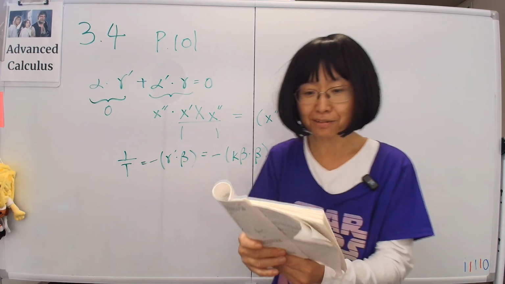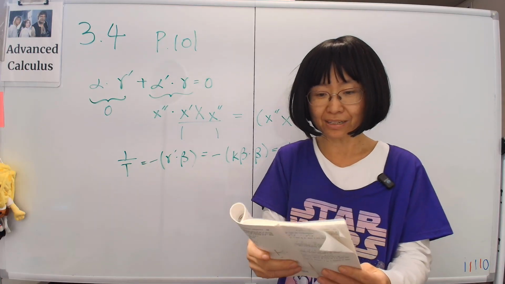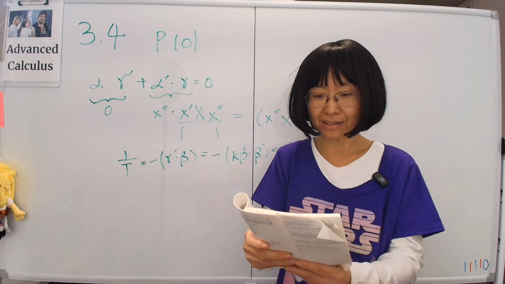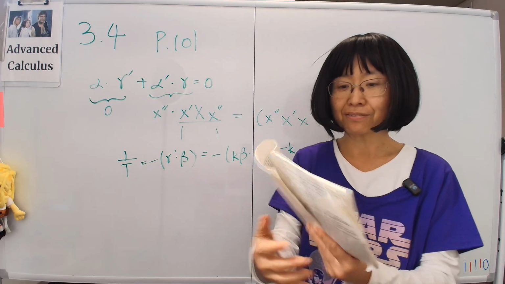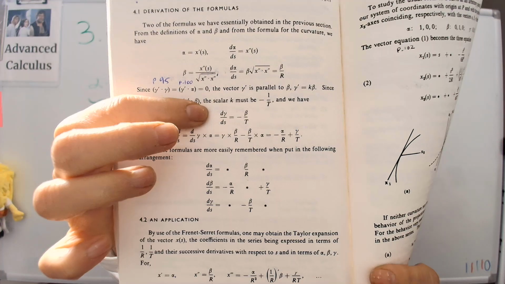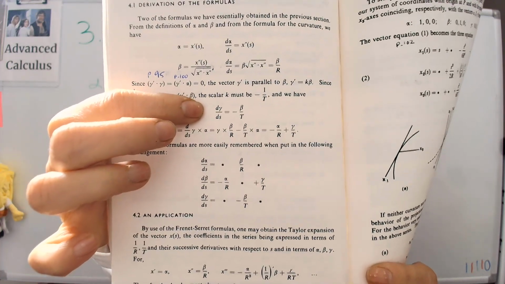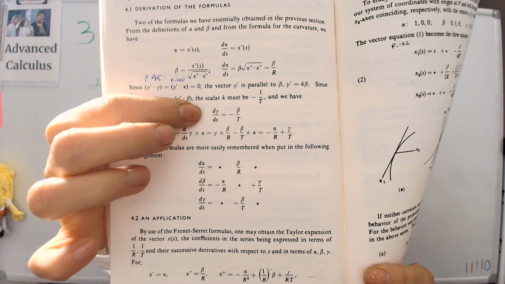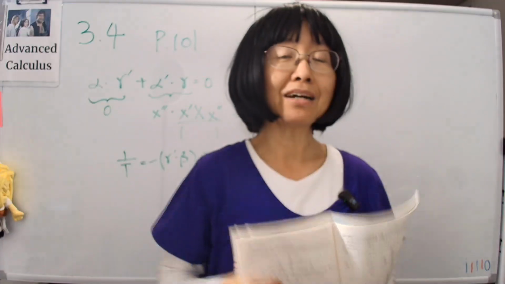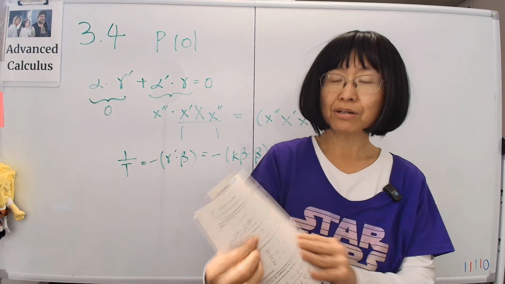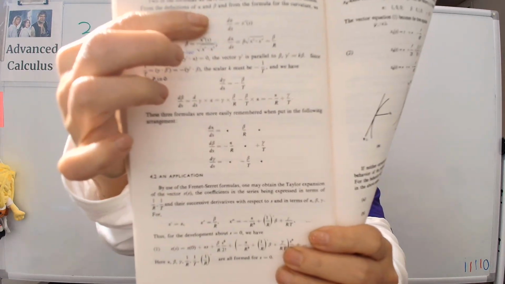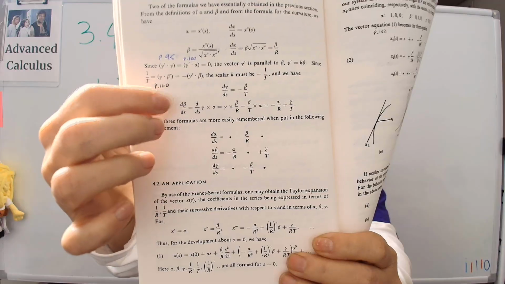So as you can see, we're doing a pack of tiny little manipulations here. And as a result, eventually we got gamma prime, with k being minus 1 over t, equal to minus beta over t. So by now you might be wondering, what are we doing again? We're trying to calculate alpha prime, beta prime, and gamma prime.